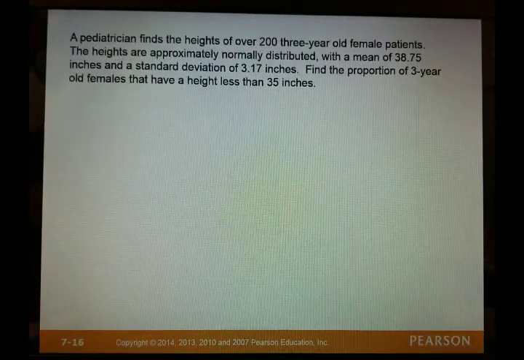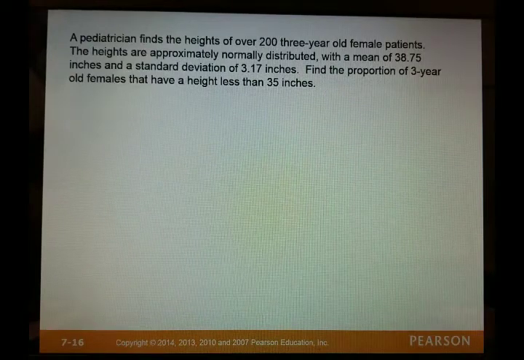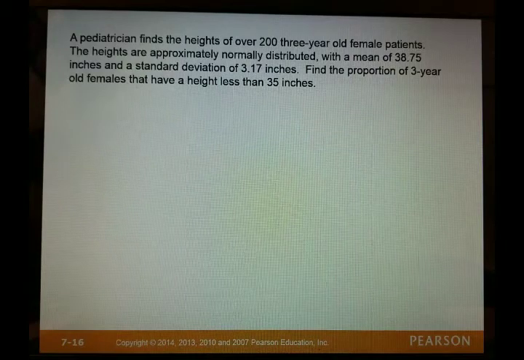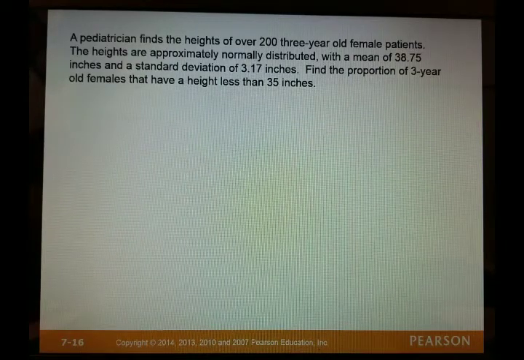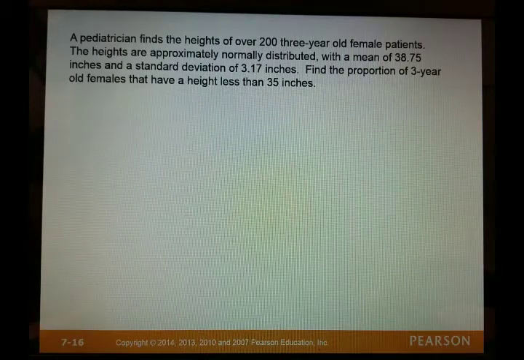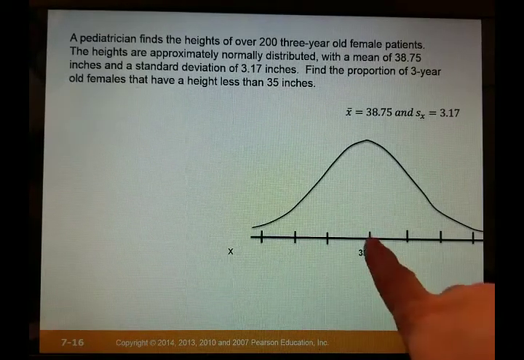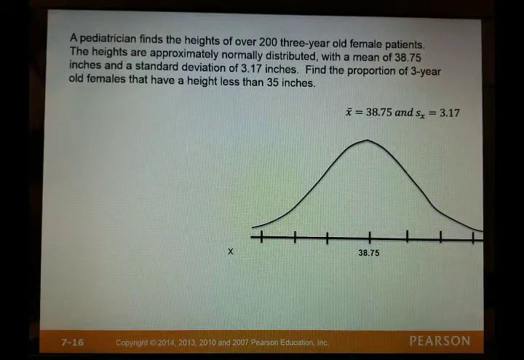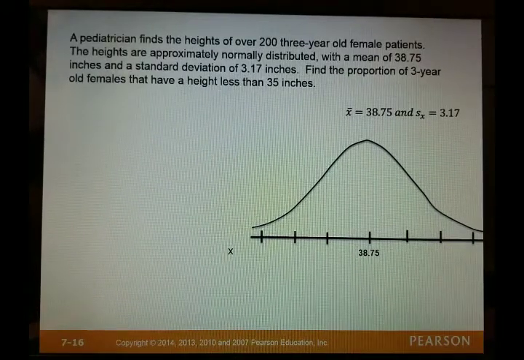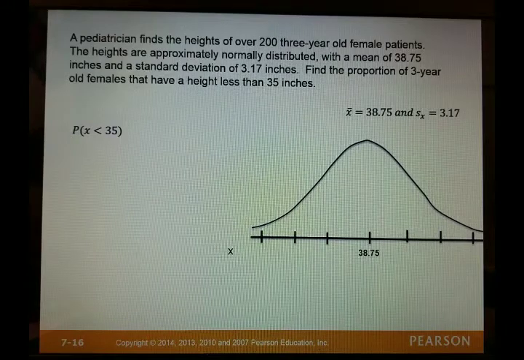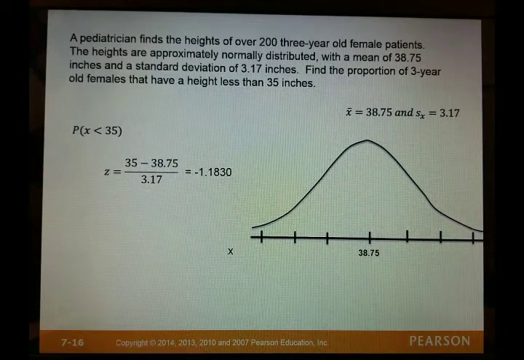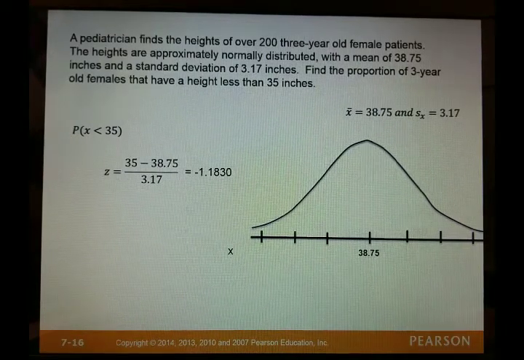So the pediatrician finds the height of over 200 3-year-old female patients. The heights are approximately normally distributed with a mean of 38.75 inches and a standard deviation of 3.17 inches. Find the proportion of 3-year-old females that have a height of less than 35 inches. First off, remember the mean is the middle. Let me take the 35 and get that to a z-score: 35 minus the mean, divided by the standard deviation.